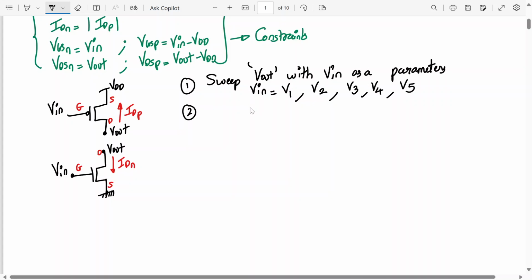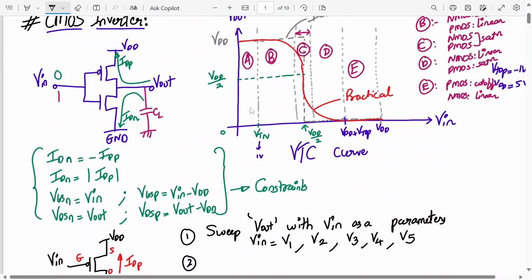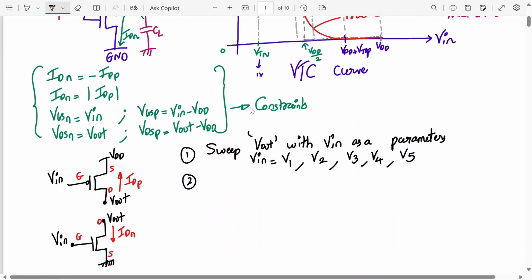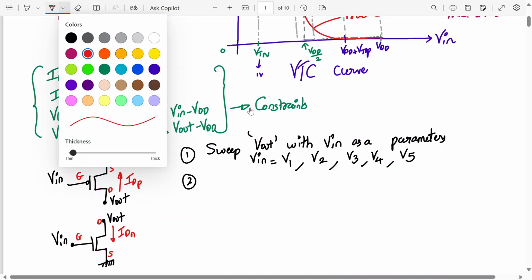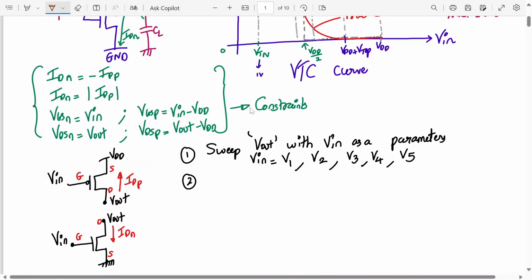Now why 5 points? These 5 points are because of precisely 5 regions, associated with regions A, B, C, D, E correspondingly. V1 is associated with V in less than VTN, so this is one region.